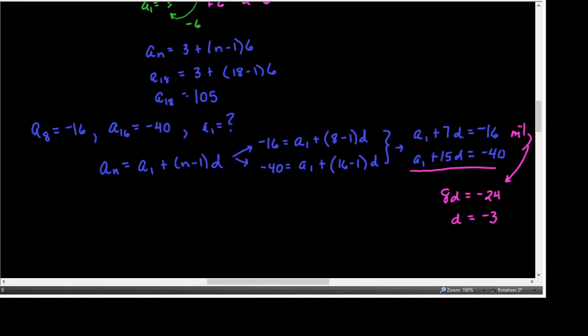Then what I can do, now that I know d, I can take that answer back into either one of these equations, whichever one I like, and solve for a sub 1. So I'm going to use the first one. Doesn't really matter. So that'll be a sub 1, which I don't know yet, plus 7 times d, which we now know is negative 3, should equal negative 16.